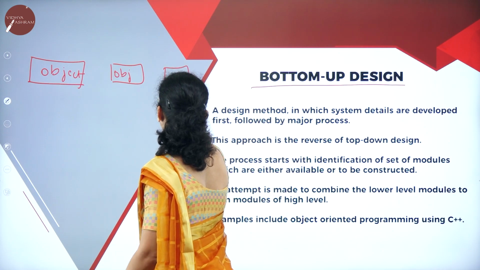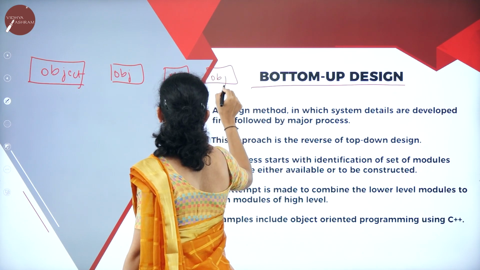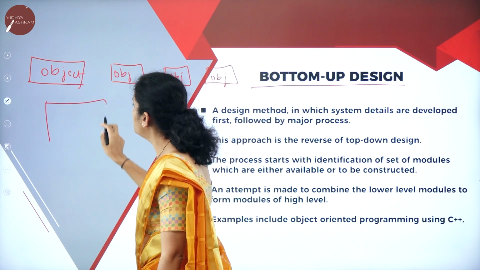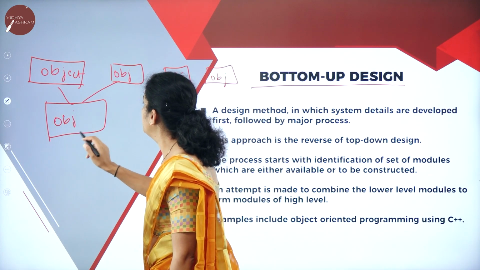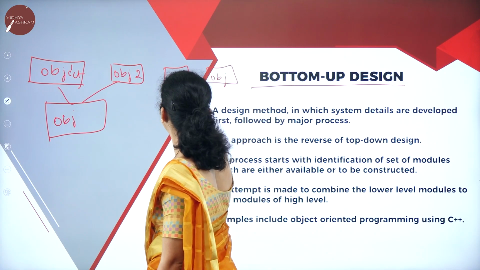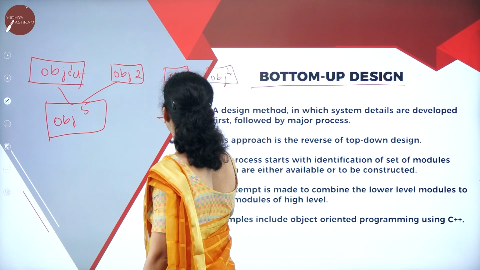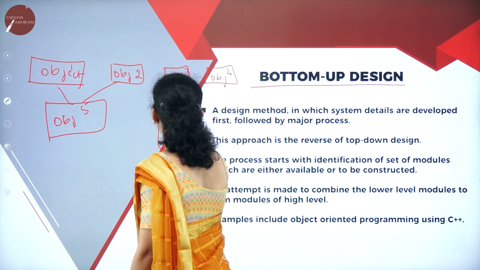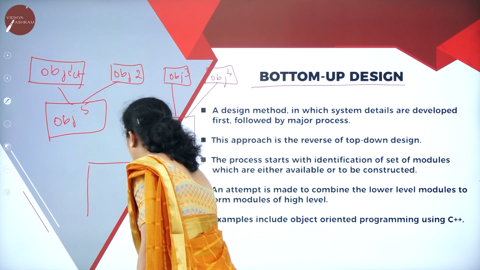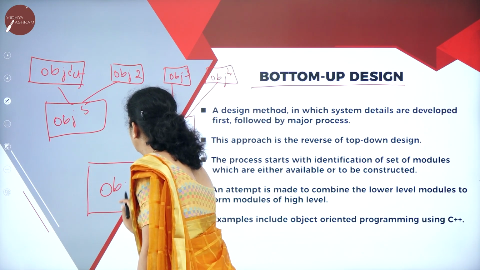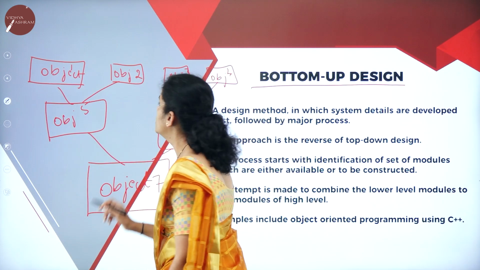Once again, I'm going to have an object, and I'm going to have another object. Then I'm going to combine these two objects together, OBJ 1, 2, 3, 4, 5. Once again, I'm going to have the object OBJ 6. Then I'm going to have my final solution, that is object 7. So this is my final solution.